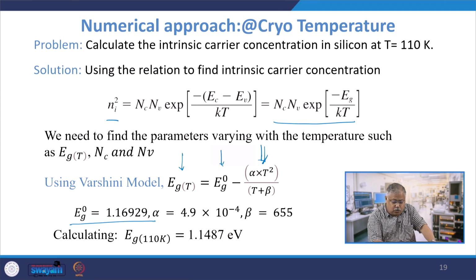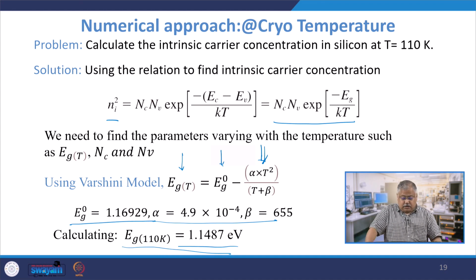Alpha, beta are known to you, you can get them from a standard text. These are all standard values available to us. T is 110 Kelvin, I put the value here and plug in all these constants, and I get the value of Eg at T as 1.1487.